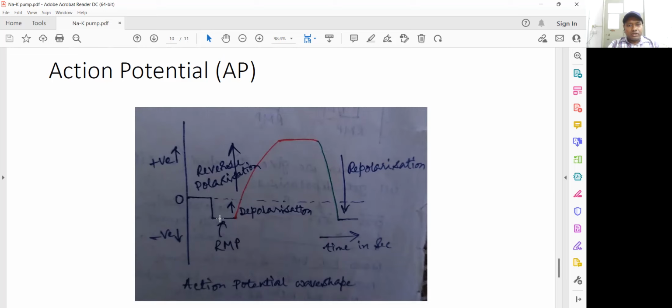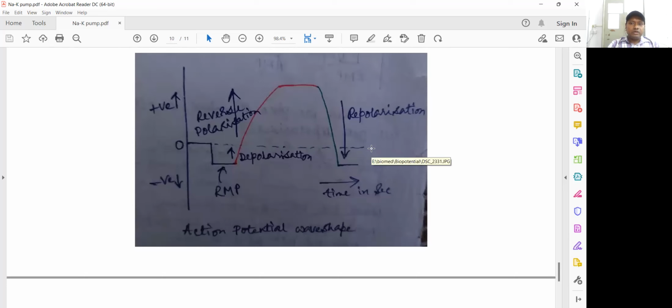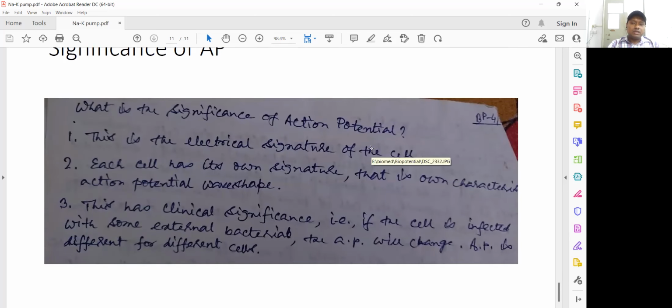Either it will start from minus 70 or minus 110. So the same thing will not be achieved while the cell is infected with some external bacteria or viruses. Okay, so this particular action potential wave shape has a clinical significance, obviously. If the cell is diseased or infected with some external bacteria, the action potential will change. Action potential is different for different cells.